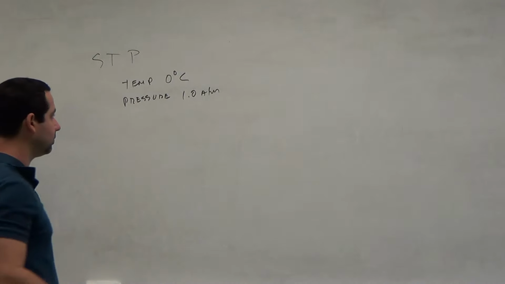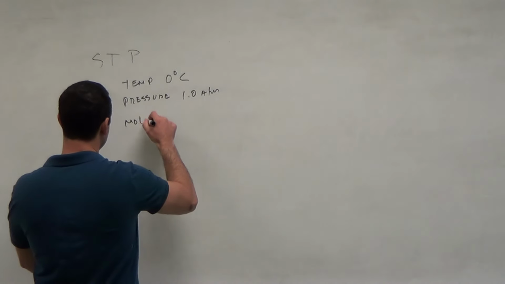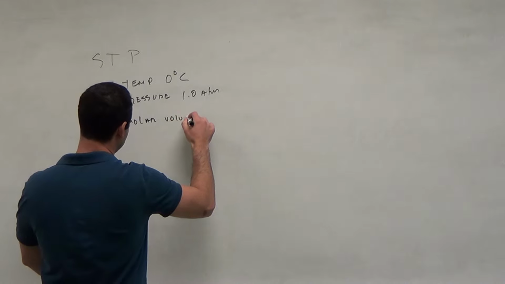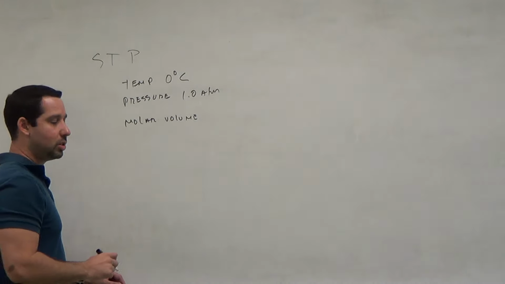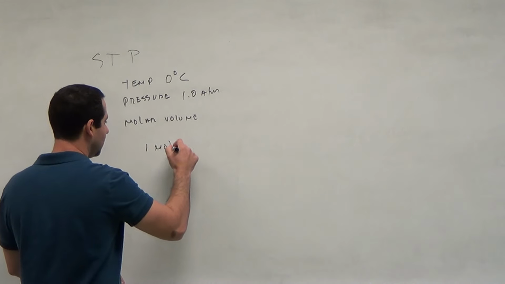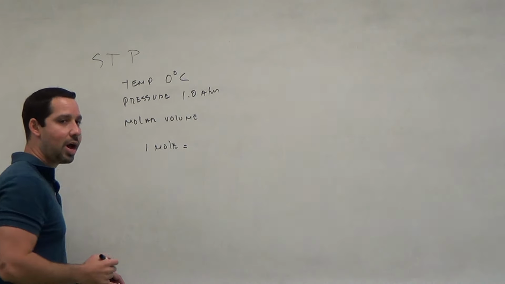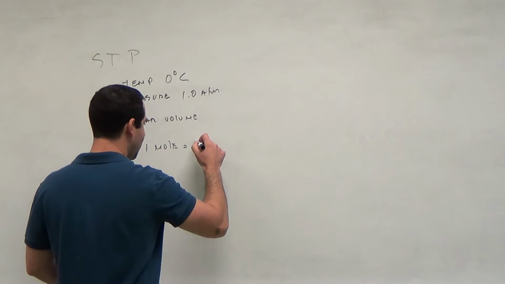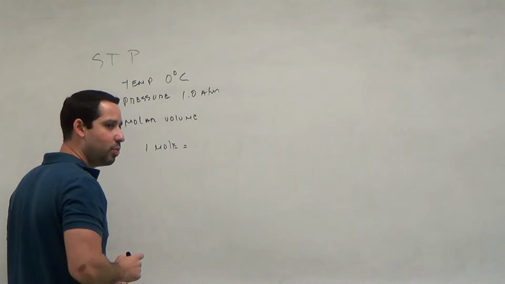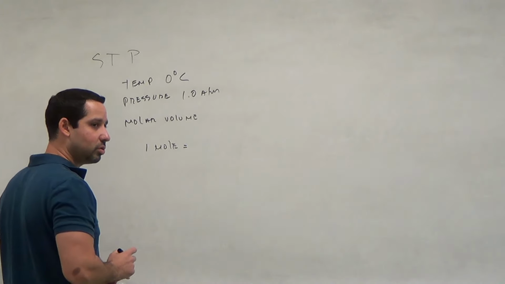So under standard temperature and pressure, there is a volume, and that volume is called the molar volume. The molar volume means 1 mole of any gas occupies a volume, and the volume is 22.4 or 21.4, who knows?